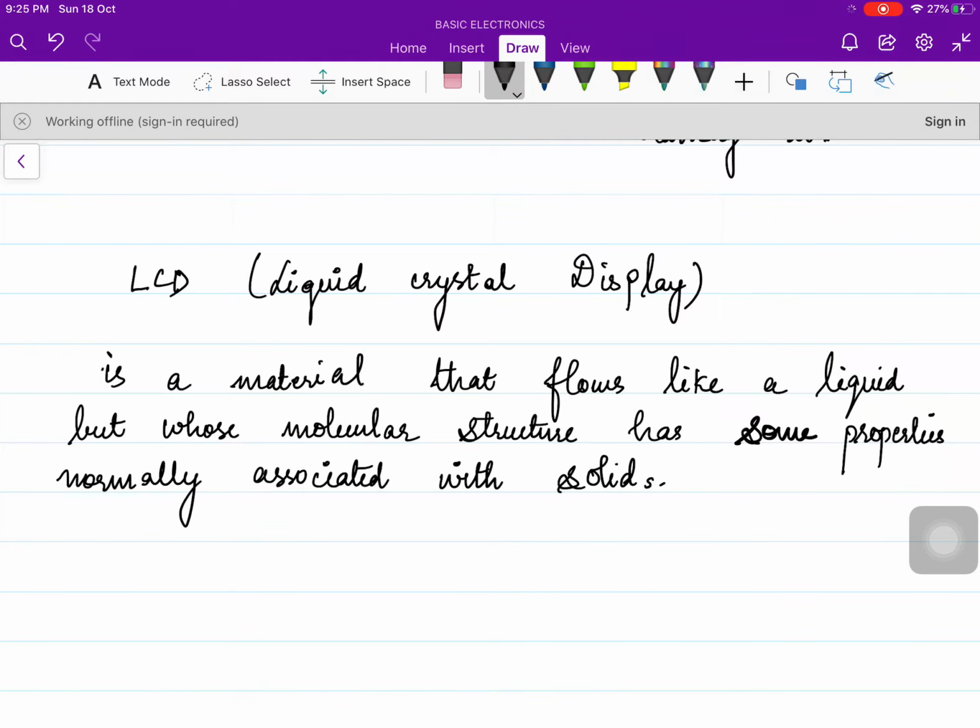So can we figure out some of the advantages and disadvantages of LCDs? So basically, first of all, we should know that LCDs are majorly of two types.